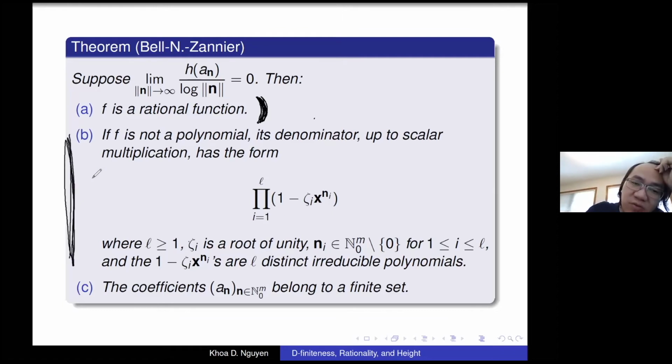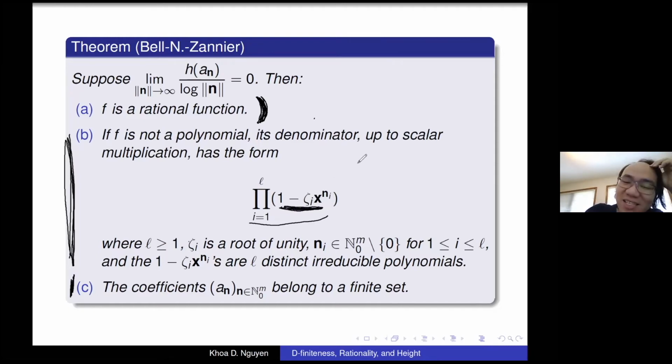Actually, both of these B and C are tricky, and we use some Diophantine geometry here, because if you look at the variety defined by this denominator, if you set this equation to be 0, then it's actually a translate of an algebraic subgroup of tori, right?